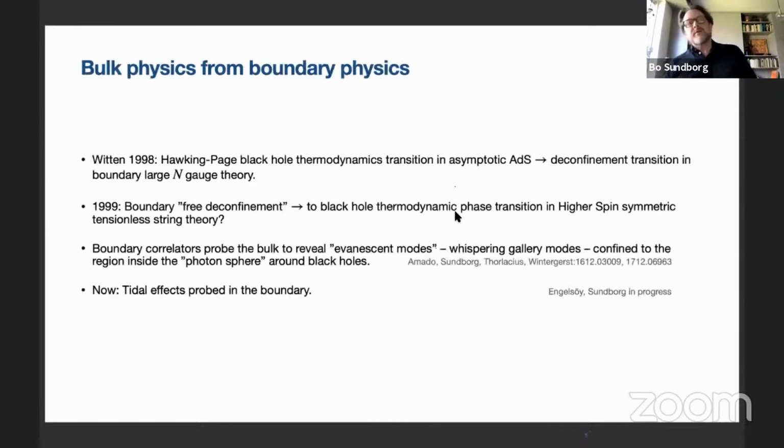All right, this whole story of trying to extract bulk physics from boundary physics rather than the reverse was inspired by Witten's observation very, very early on in the holography story that Hawking-Page black hole thermodynamics will reflect itself in deconfinement phase transitions in the boundary large N theory.